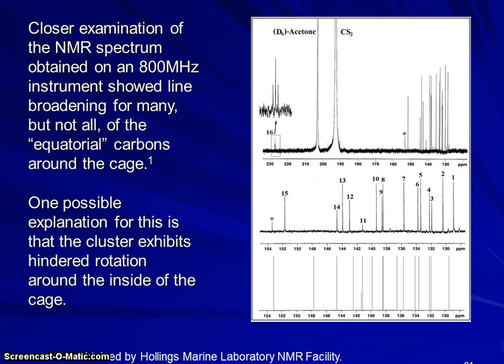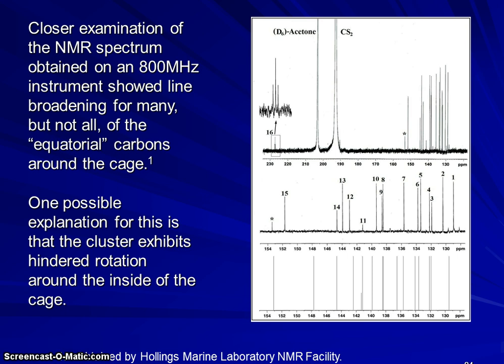And what we found was that some of the atoms around the cage, around the equator, around where the carbide carbons would have been close to if it were rotating inside the cage, were broadened. And we would only expect that if the carbide group was rotating through there, because the carbide would have a negative charge to it.